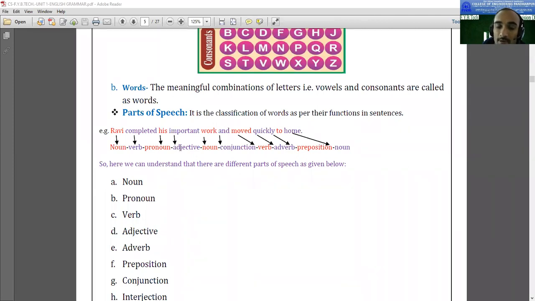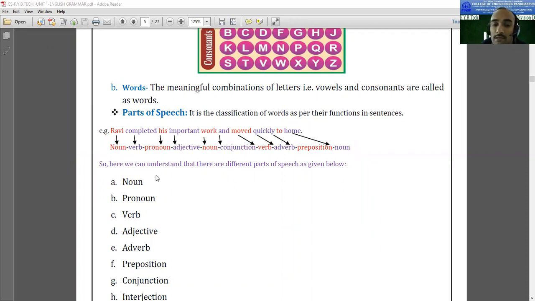Important is called the adjective. Work is the noun. And is the conjunction. Moved is the verb once again. Quickly is the adverb, kriya visheshan. To is the preposition and home is called the noun.